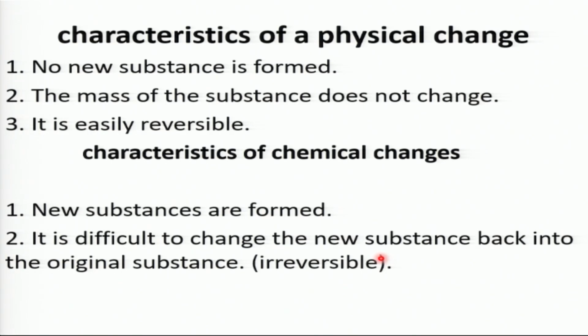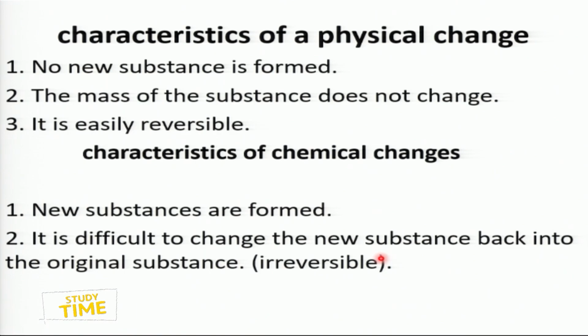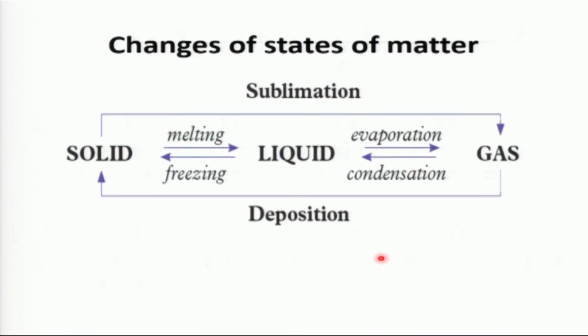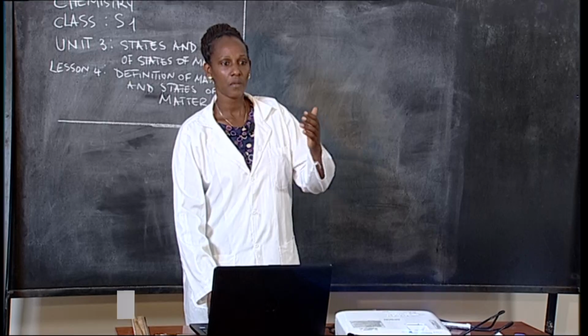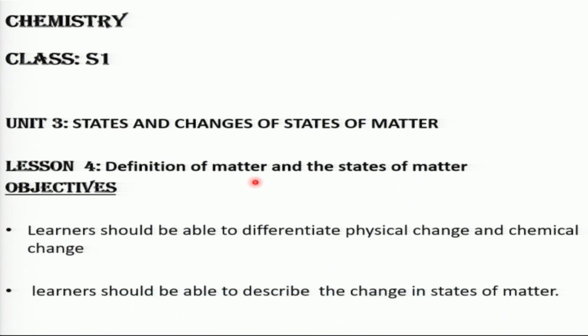All right? So I hope that one is very clear to everybody. As we had started the topic, we had said that by the end of this lesson, we shall be able to tell the definition of matter. What is matter? Anything that occupies volume and has got mass. The three states of matter: solid, liquid, and gas. So they differentiate physical change and chemical change.